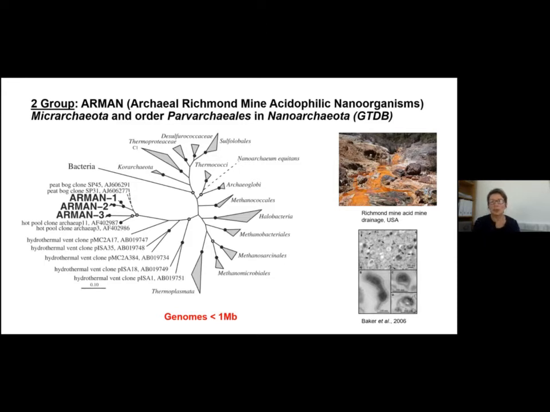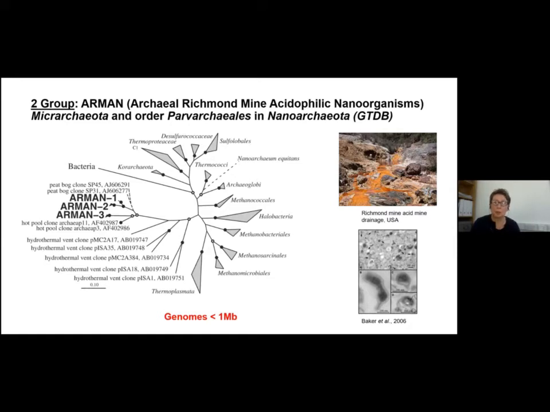But the status of Parvarchaea has now been moved to the order Parvarchaeales within the phylum Nanoarchaea. And Micrarchaea and Parvarchaea are the second group of archaea found in acid mine drainage environments and in other acidic environments as well.